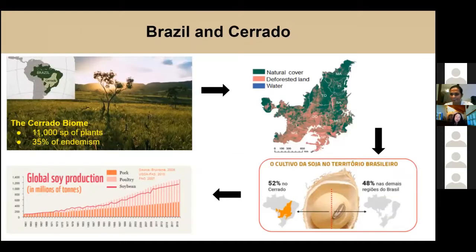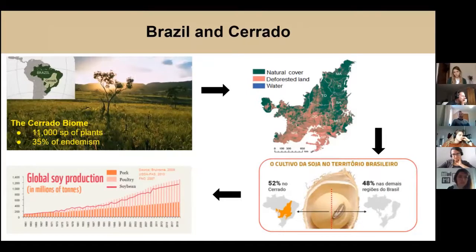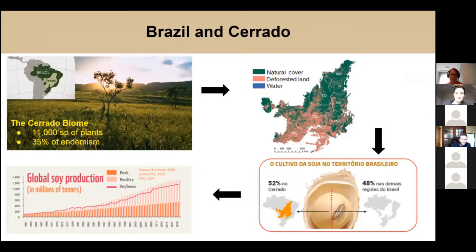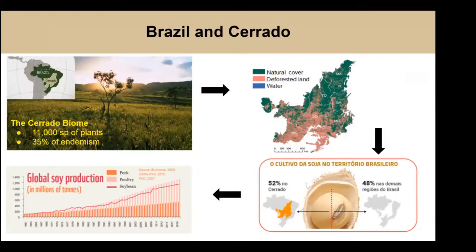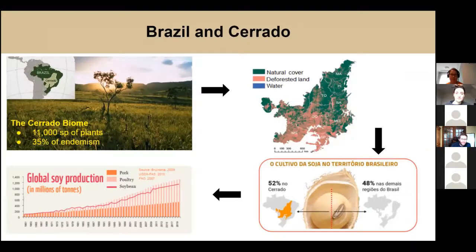So we worked with WWF Brazil in the Cerrado. The Cerrado is the second largest biome in Brazil after the Amazon. It is characterized by being made up of grasslands, long extensions of grassland and shrubland.